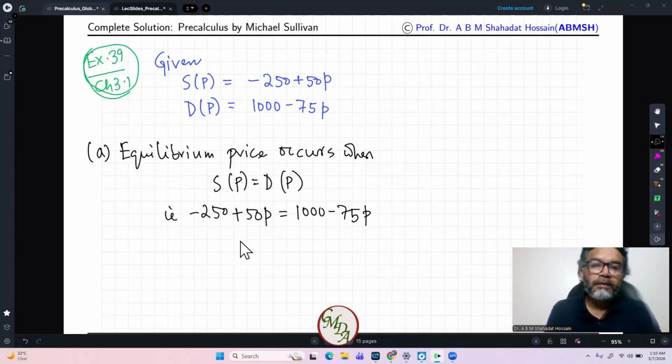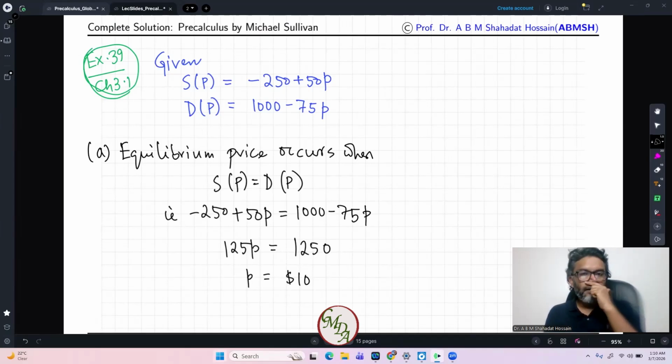If we add all the p to the left side, we get 50 plus 75, which is 125p, and we take minus 250 to the other side, giving 250. So clearly p is $10. So the equilibrium price is $10 here.